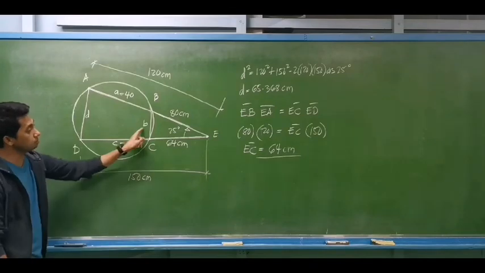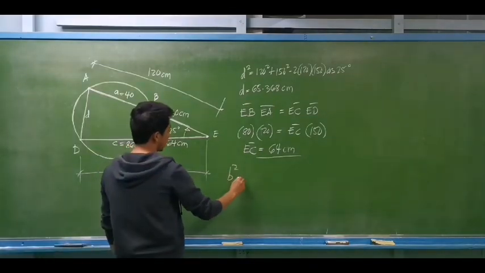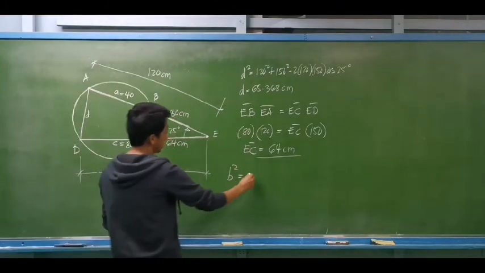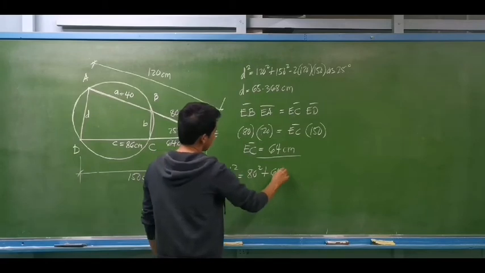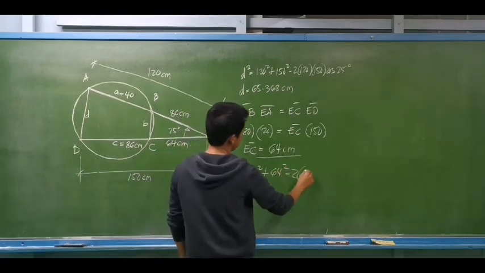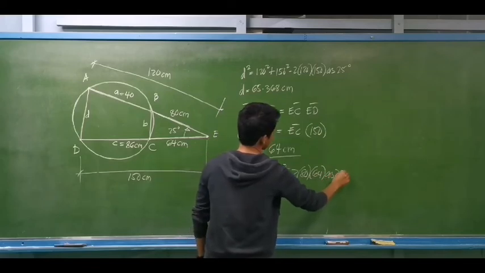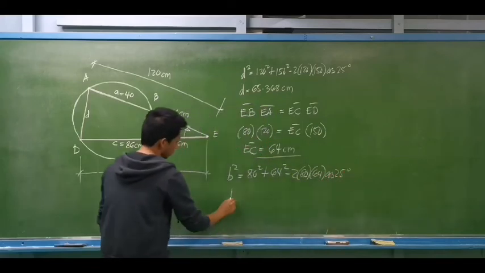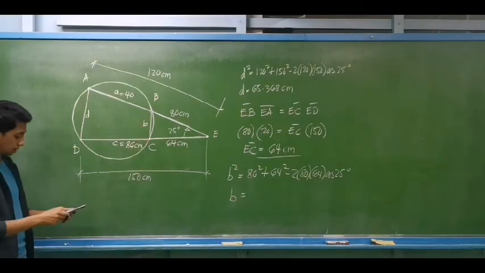Makuha naman natin si side B. Yes, cosine law. Side B squared is equal to 80 squared plus 64 squared minus twice of 80 by 64, then cosine of 25 degrees. So makuha natin si dimension B ng cyclic quadrilateral.